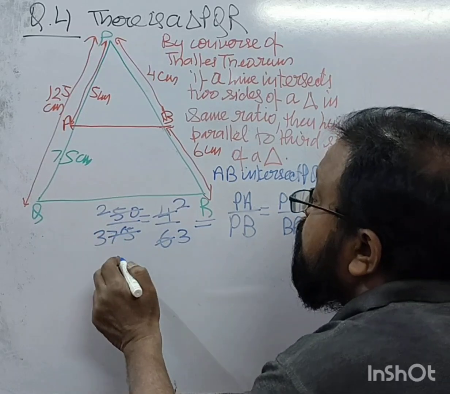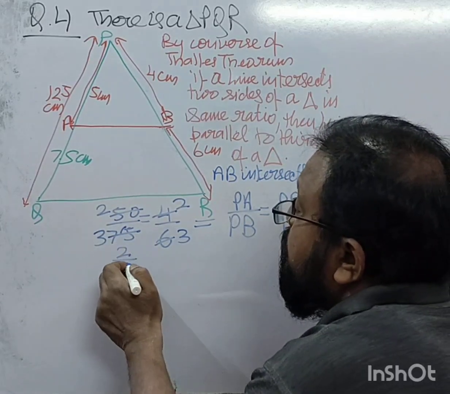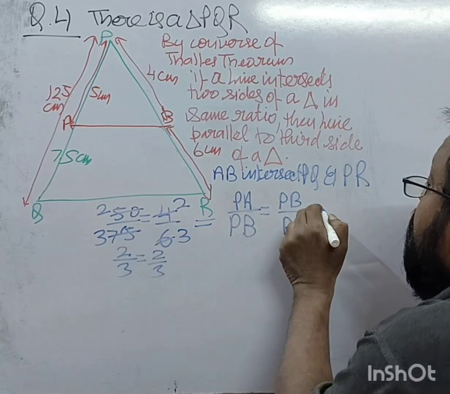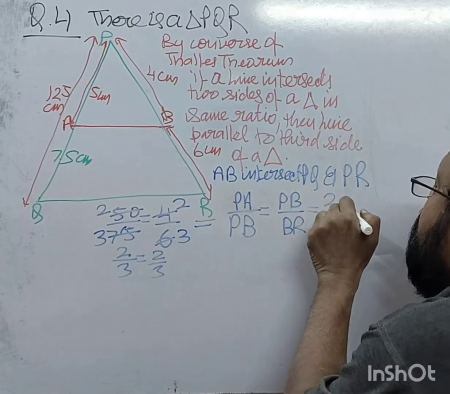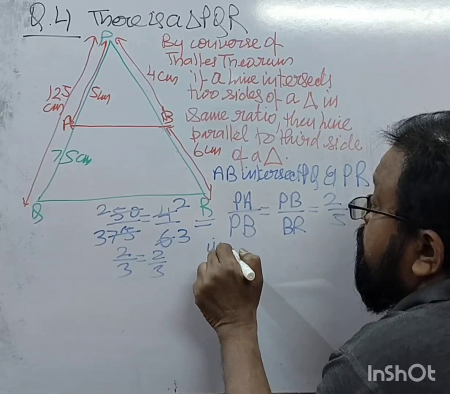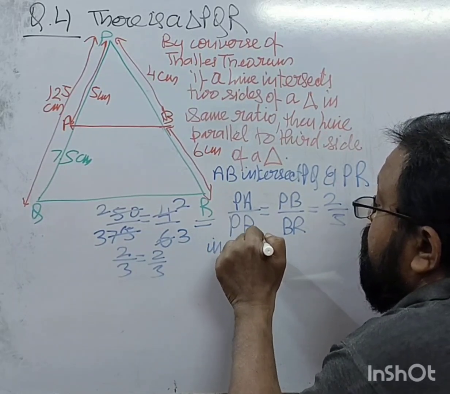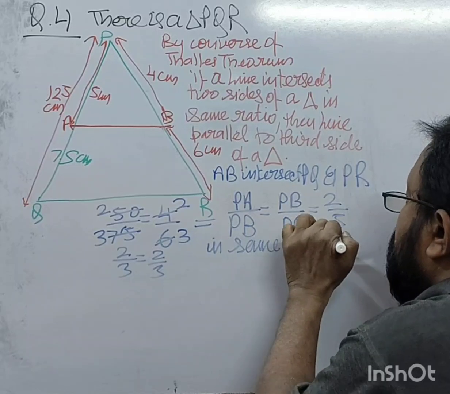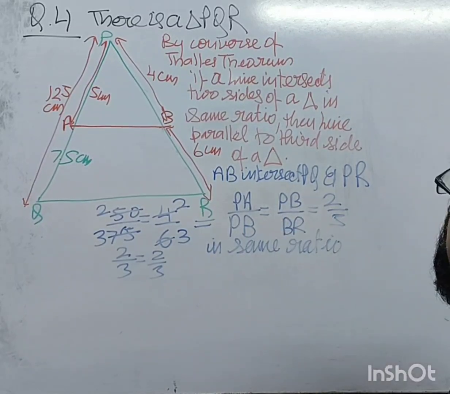So there is 2 upon 3 is equal to 2 upon 3, in the same ratio. Right?